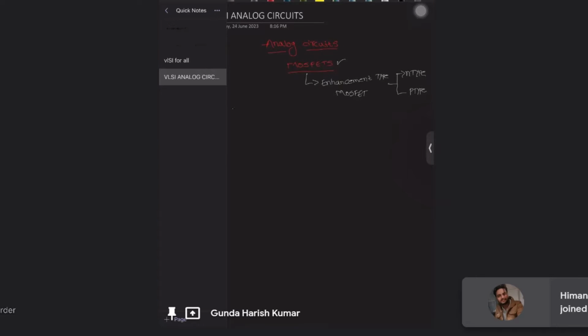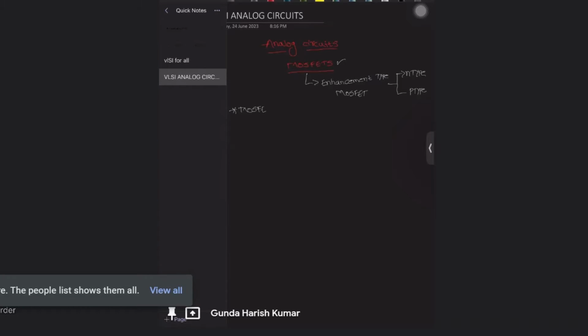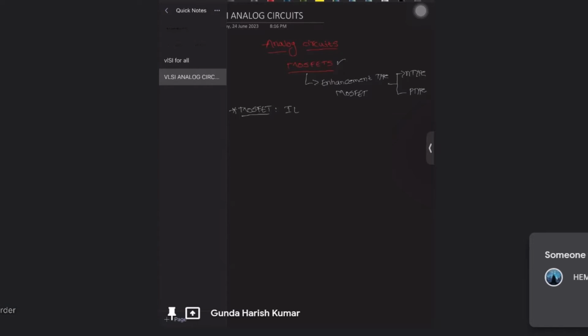So first of all, what is a MOSFET? A MOSFET is an active device.